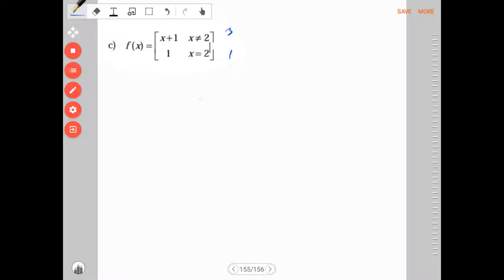This function's a little bit different. X plus 1 is a graph that looks like this. It's a straight line, through here, so (1, 2). At x equals 2, we have a hole in the line, and then it carries on.